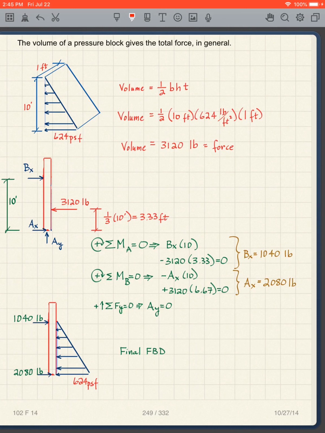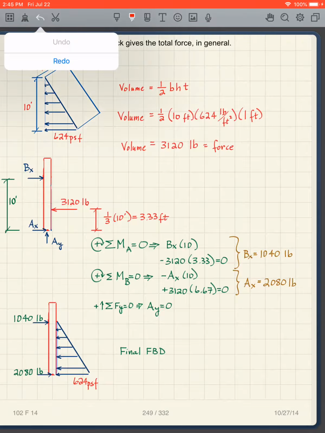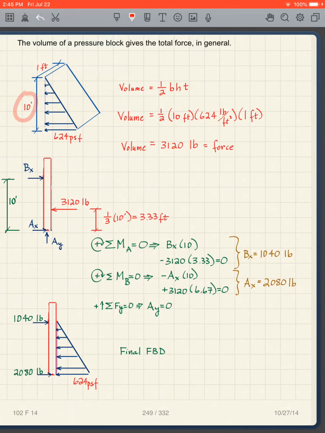Well, the volume of that wedge is 1/2 the base times the height for this triangle times the thickness. There's my thickness, which is 1 foot. So I'm going to be true to my units and what I've written here. So I have 1/2, and then the base. Well, the base, I can use as 10 feet. 10 feet for B. Then the H is 624 pounds per square foot.